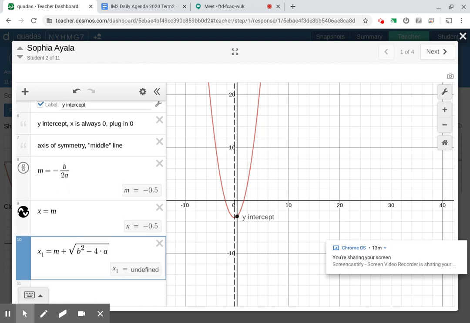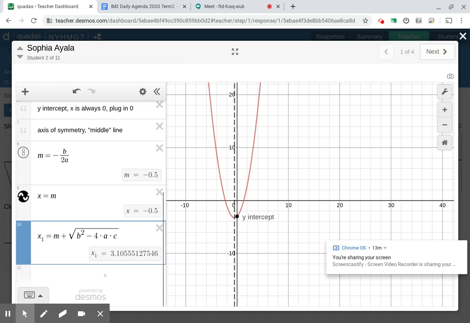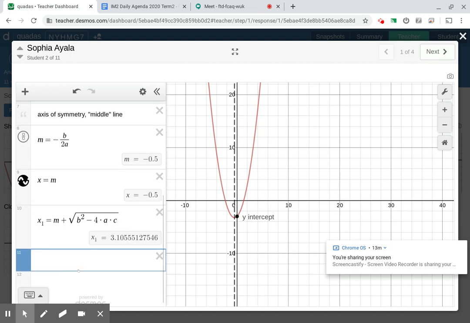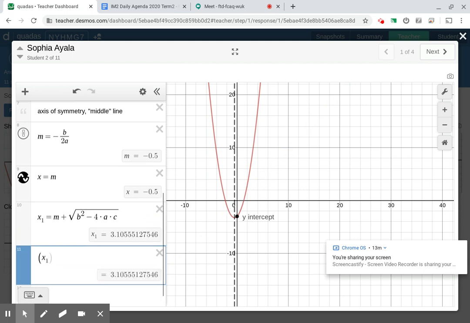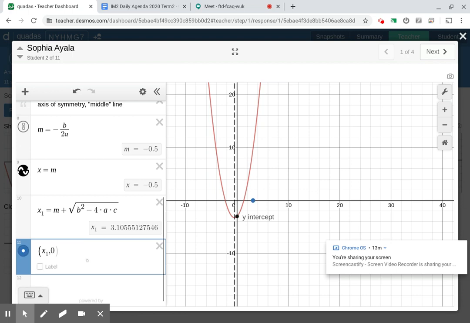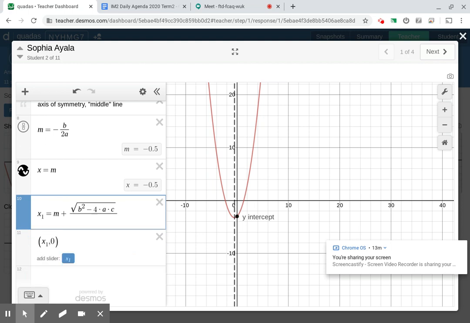You don't need it, but I do want you to see them. So that is our first x-intercept. And we're going to make a parentheses and put x1, comma 0. And we have to divide it by something, right? Over 2a.